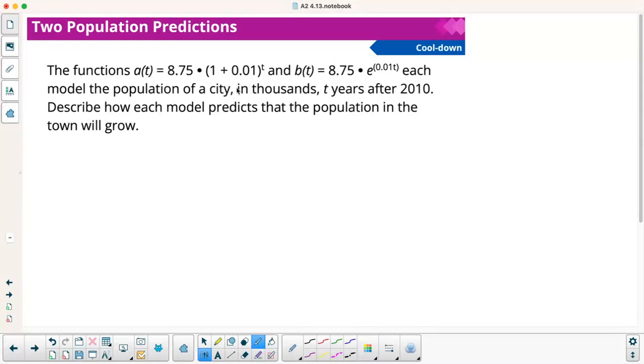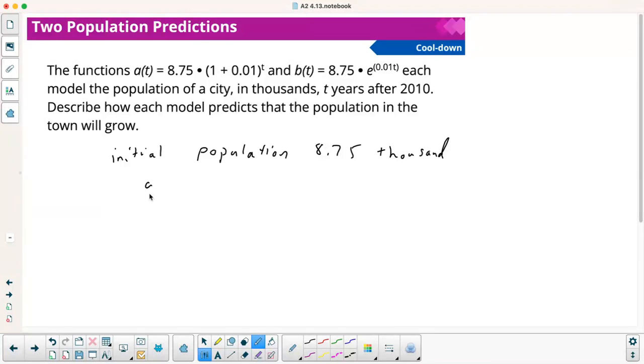All right, so here is a function, and here's another function. Each models the population of a city in thousands, t years after 2010. Describe how each model predicts the population in the town will grow. Our initial population is 8.75 thousand for both.